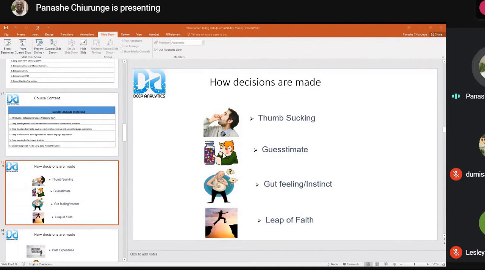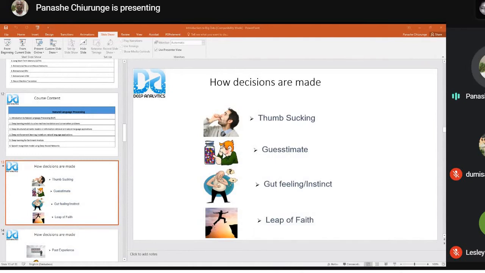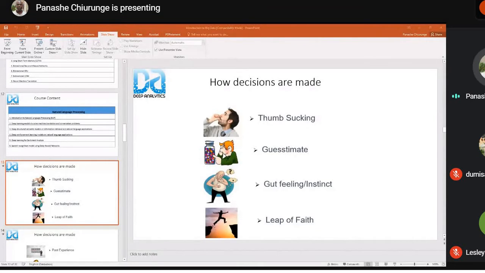You just come up with some random decision, which is not based on any data or any science at all. That's what we mean by thumb sucking.